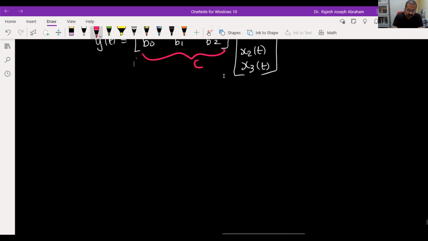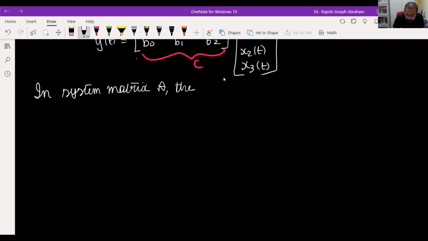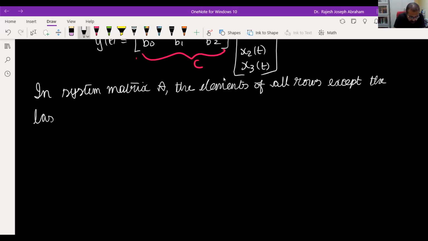So we will write that point here. In system matrix A, the elements of all rows, except the last row, are either 0 or 1.